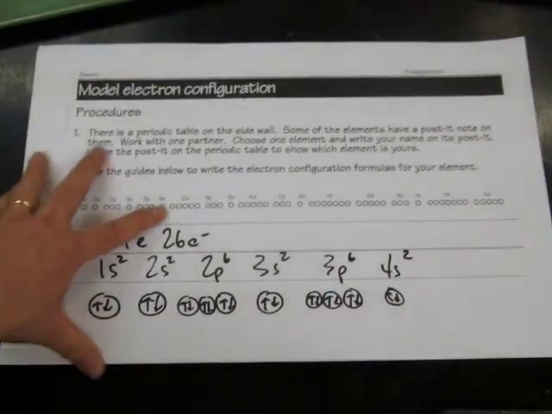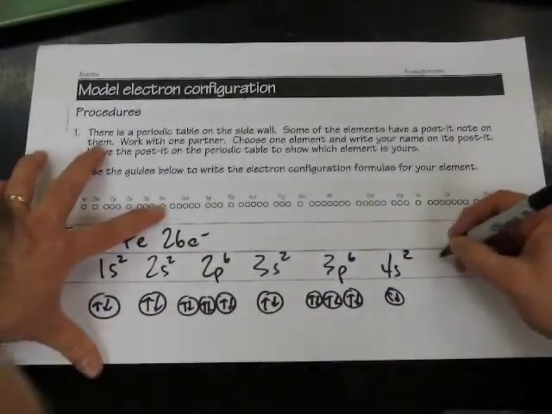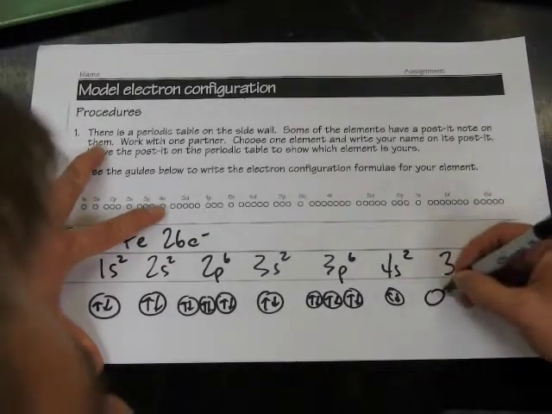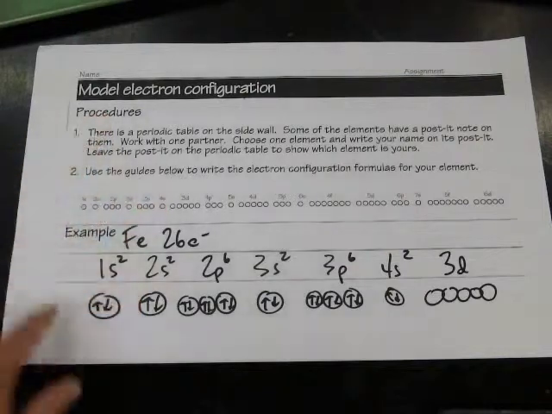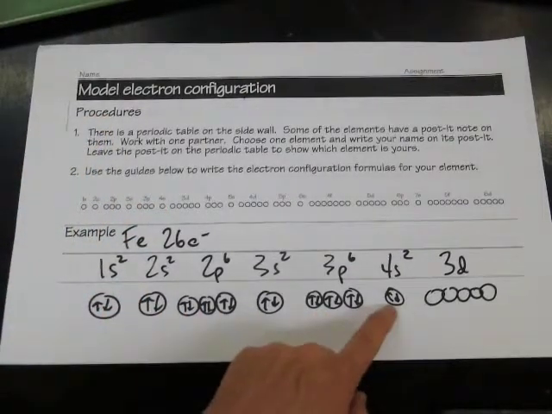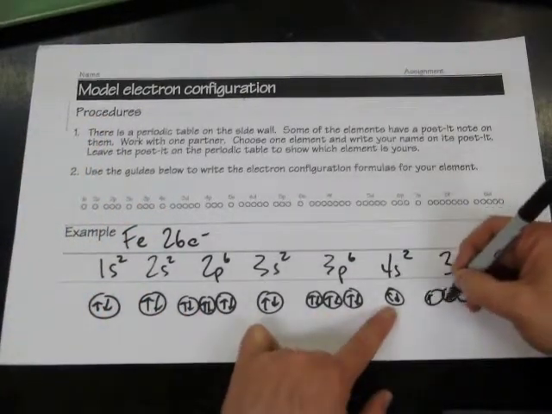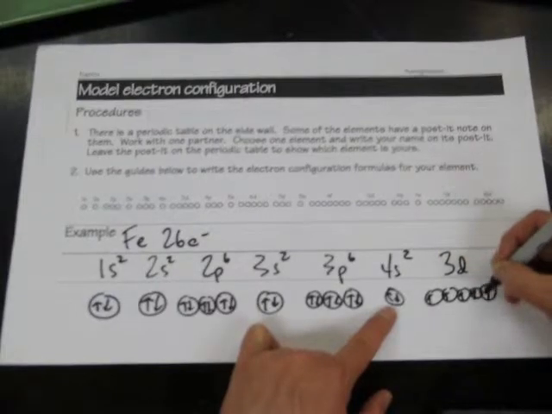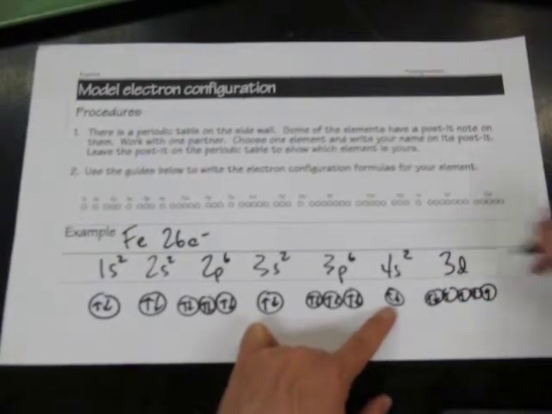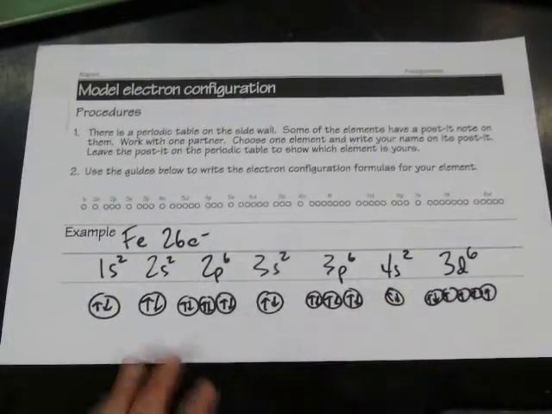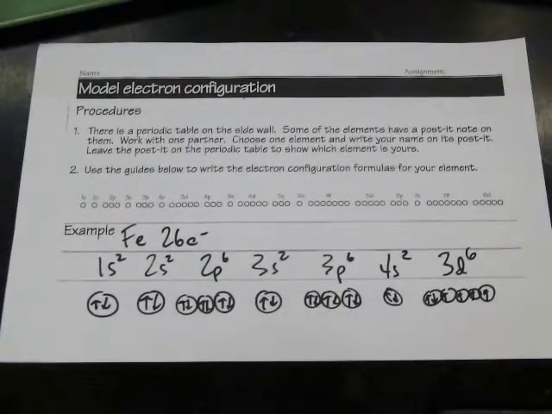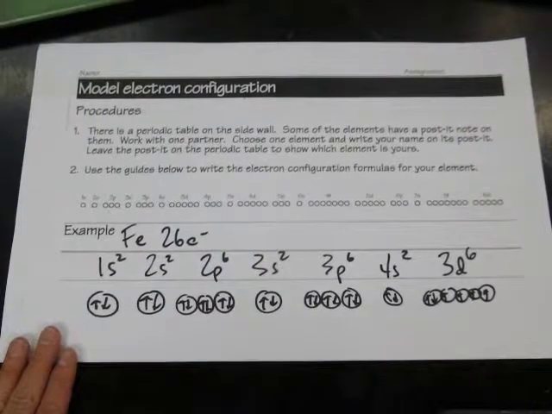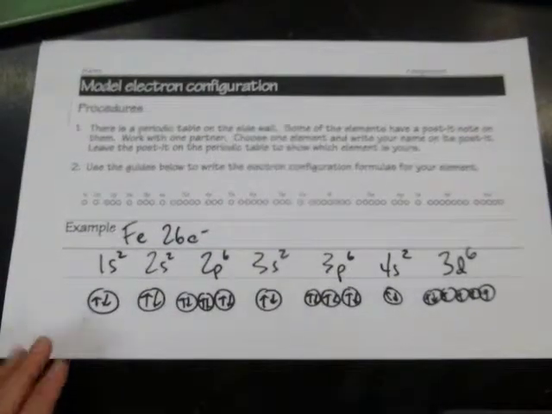And then finally the 3d electrons. 3d, there are 5 electron orbitals. And I have 6 electrons left, because I've already used 20 up to this point. So I'll have 1, 2, 3, 4, 5, 6 electrons, 3d6. So this is my electron configuration, and when I look at the electron configuration, it's going to tell me which orbitals I'm going to put in my model.